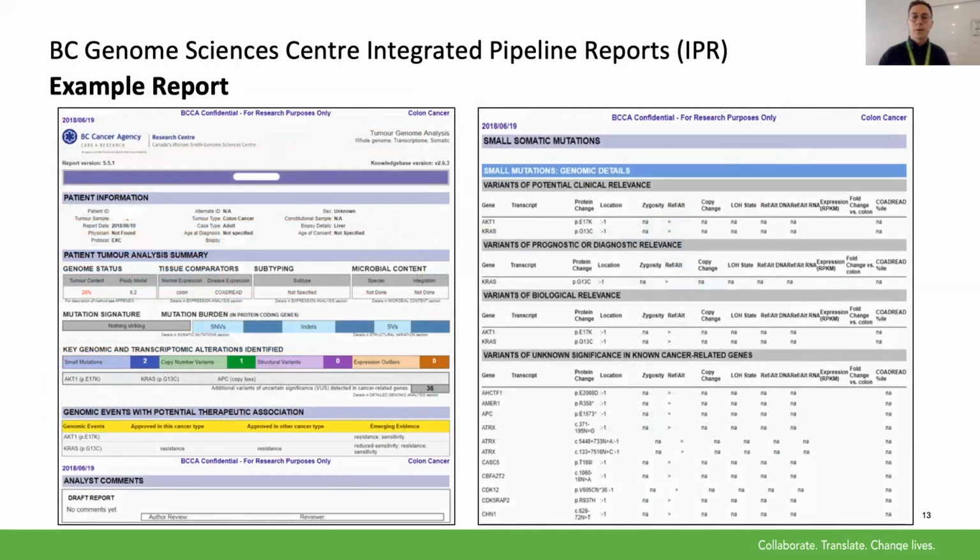One group which we think did do an excellent job is the personalized oncogenomics group at the BC Cancer Agency. They've created an integrated pipeline report, and we've worked with them a lot to inform the direction that our platform wants to go.